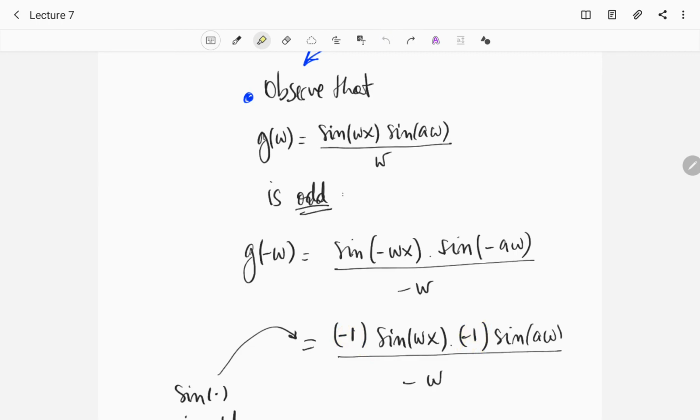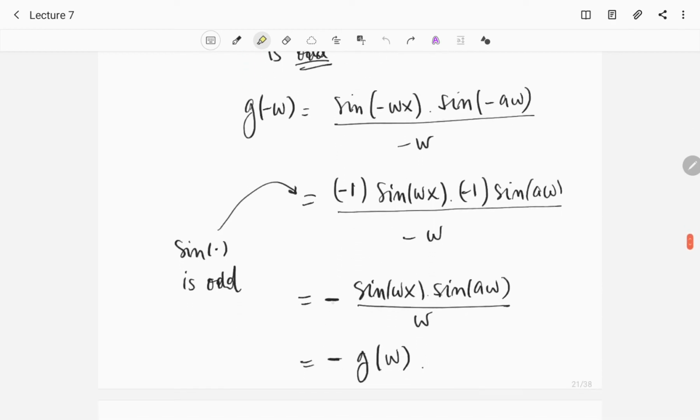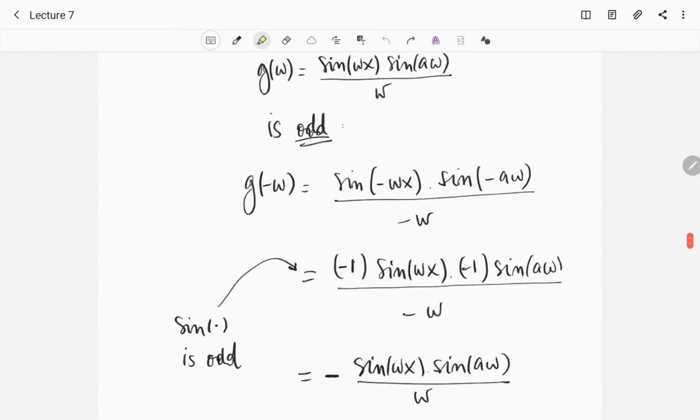And then if we check how many minus signs we have, it is 1, 2, 3, oops, sorry, not the omega, just this minus. So just the sign rule says that we have only one minus here, and this expression is exactly g of omega. So indeed, we just proved that this function is odd.